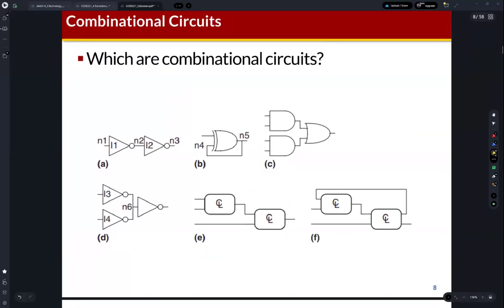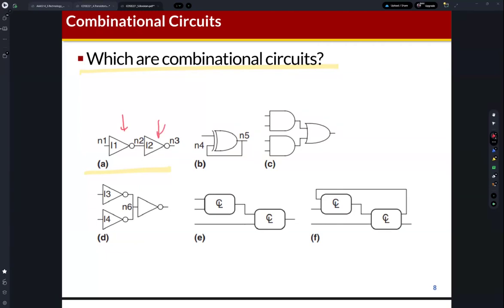Then these are some example problems. Which are combinational circuits, based on the previous combinational composition rules? How about this? This is an inverter, and this is an inverter.